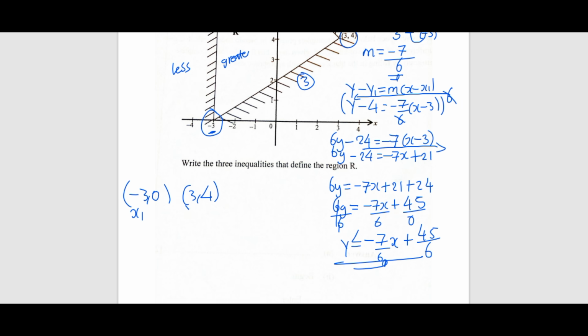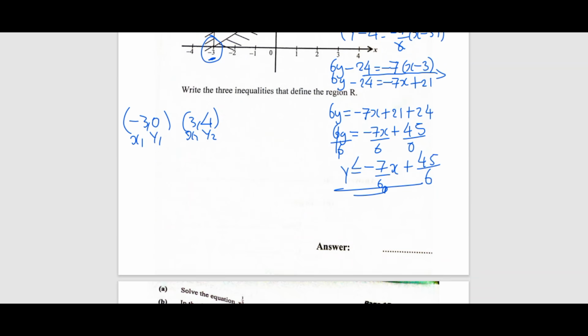x1, x2, y1, y2. So let's find the gradient. y2 minus y1 over x2 minus x1. So y2 is 4 minus 0, x2 is 3 minus negative 3.